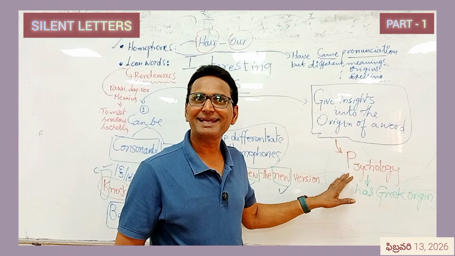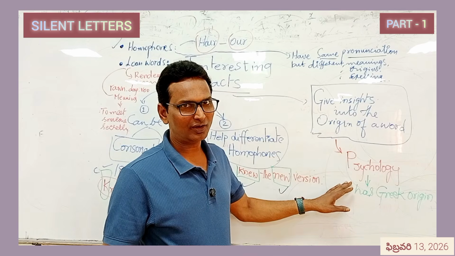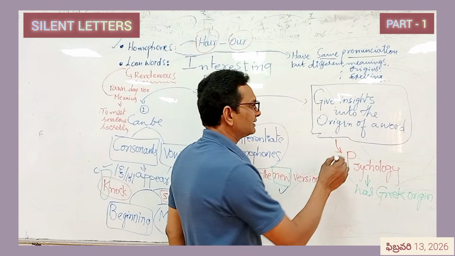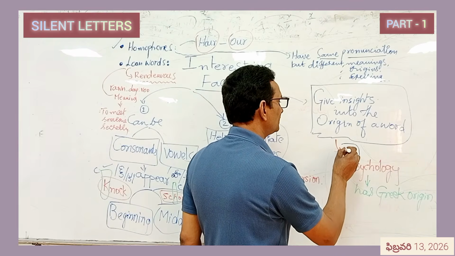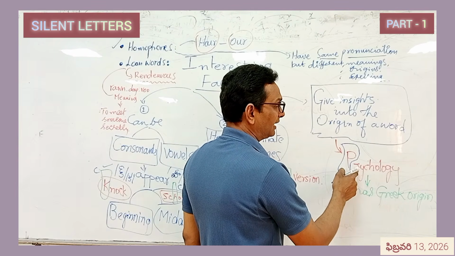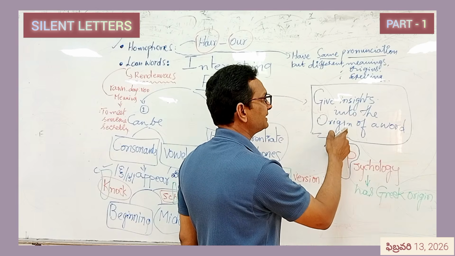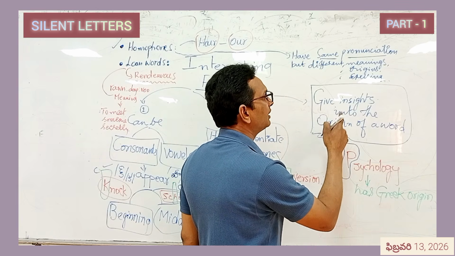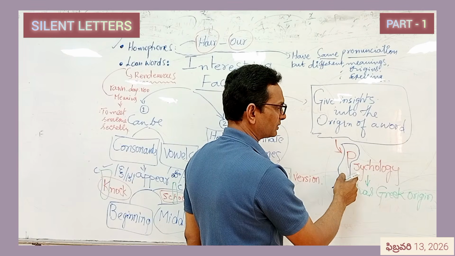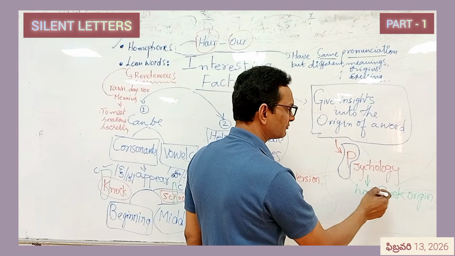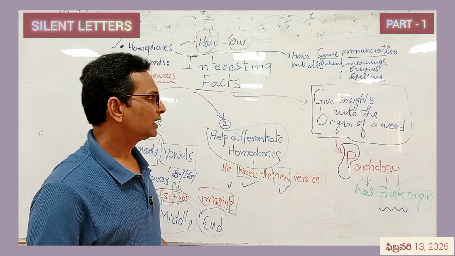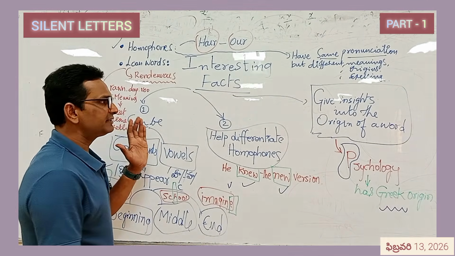Firstly, the P is silent, it's only pronounced psychology. Now we are discussing some insights into the origin of words. So let's look at this word psychology, and its origin is from the Greek language.